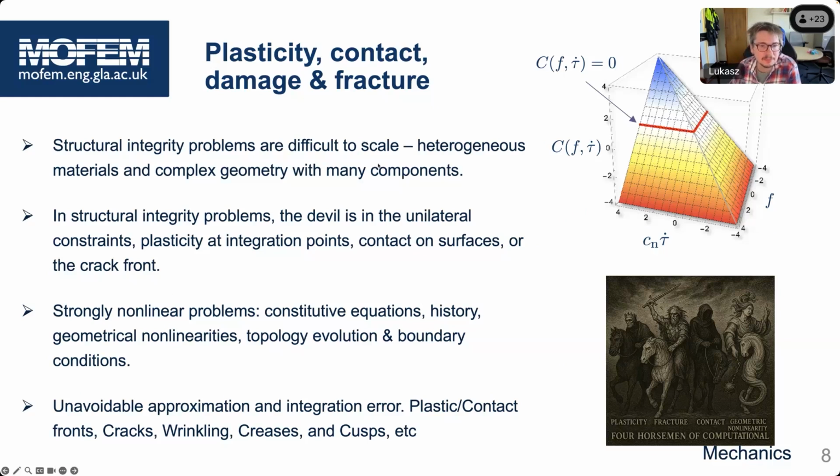Structural integrity problems, in addition, are tricky to resolve because we're dealing with heterogeneous materials, very often with large contrast, complex geometry, and messy boundary conditions. So the devil in our case is with these unilateral constraints, and I will argue that mixed elements are perfect for this case.